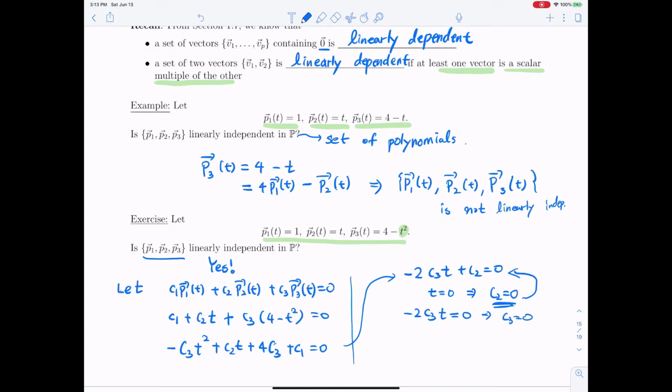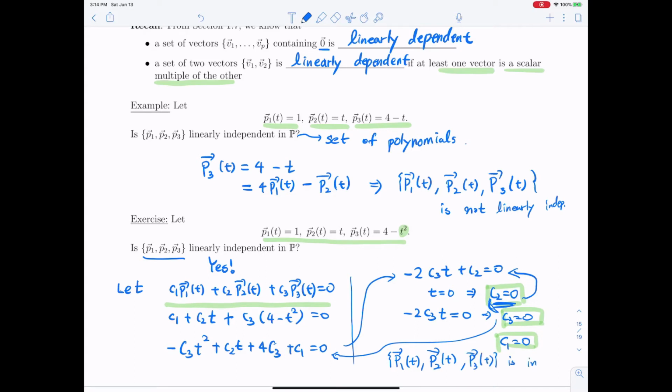And lastly, if you plug this into the original equation, then we get C1 equals 0 as well. So the vector equation only has the trivial solution. For this reason, we can conclude that the given set consisting of P1(t), P2(t), and P3(t) is linearly independent.